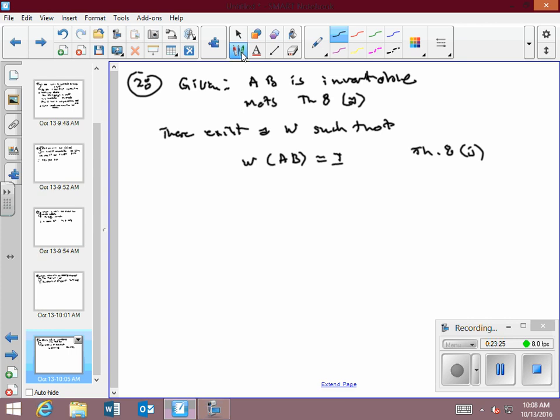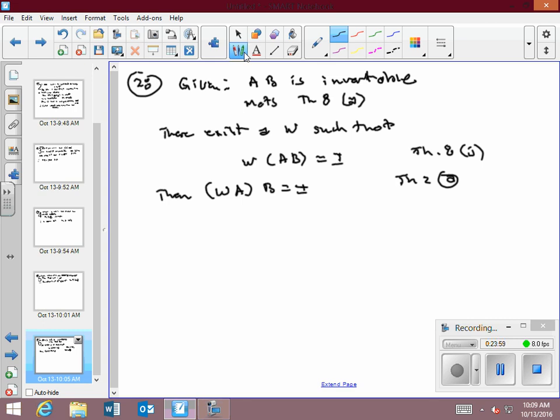Then what you can say is W A B equals I. And this is theorem 2A. If you look back at theorem 2A, do you see it?